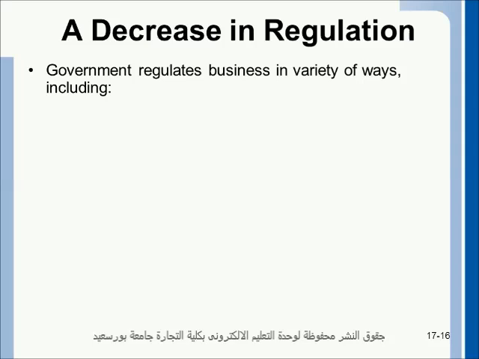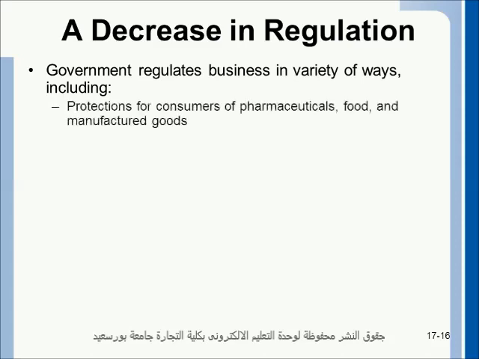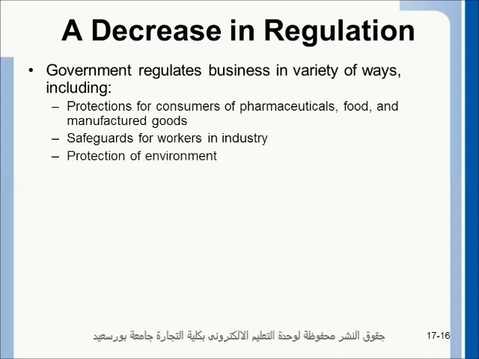The fourth factor for growth is reducing red tape, regulation, and laws. Government regulates business in a variety of ways, including protection of consumers for pharmaceuticals, foods, and manufactured goods, safeguarding of workers in industry, and protection of the environment.